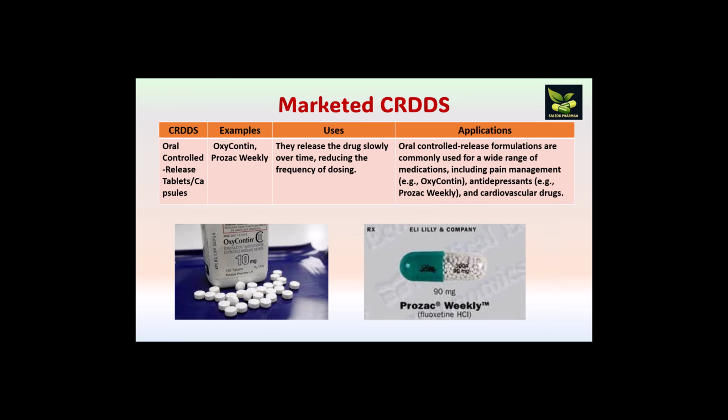Then oral controlled release tablets or capsules are available. Example is OxyContin and Prozac Weekly. They release the drug slowly over time, and they reduce the frequency of dosing. They are specially used for pain treatment, then antidepressant and cardiovascular drugs.